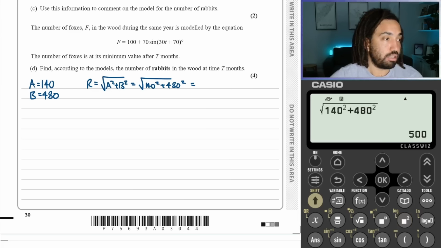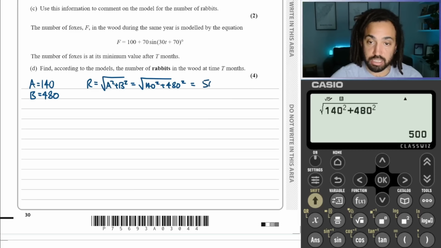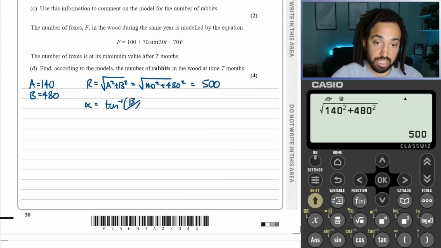Voila. Oh, 500. Oh, nice. And then the alpha is always equal to tan to the minus 1 of b over a.